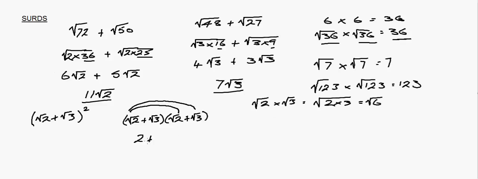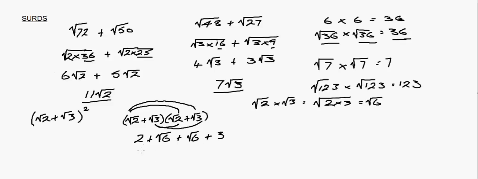So I can say that this is plus root 6. Now we have root 3 multiplied by root 2. So root 3 times root 2, 2 times 3 is 6, so we have plus root 6. And then we have root 3 multiplied by root 3, which gives us 3.